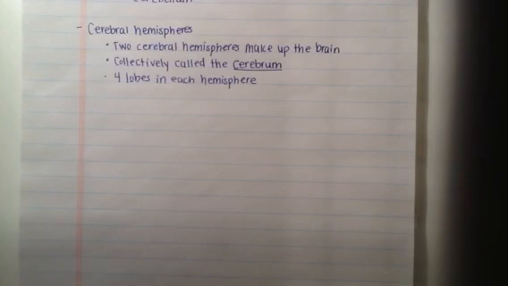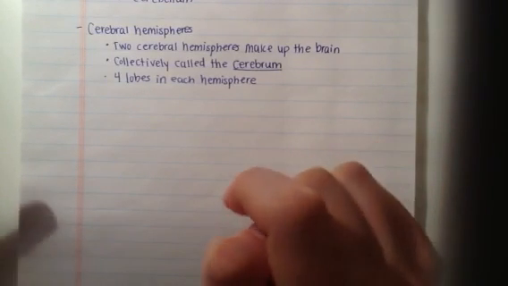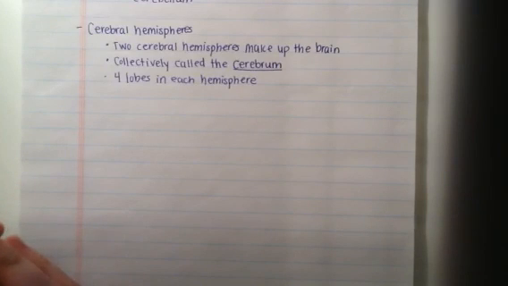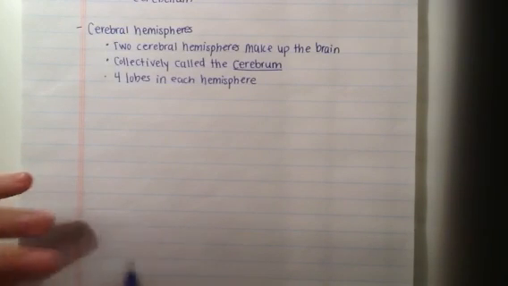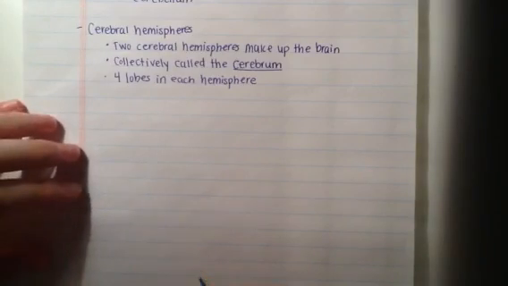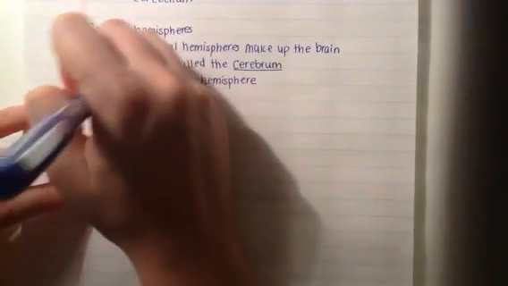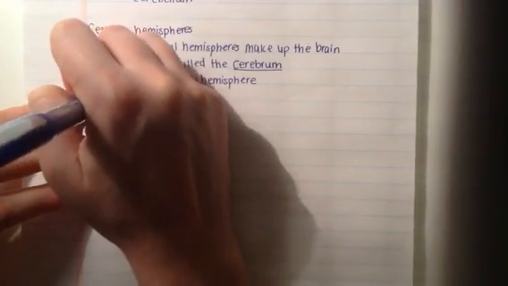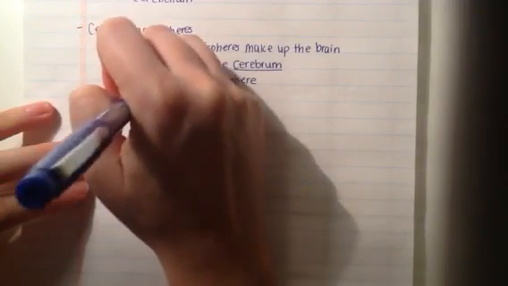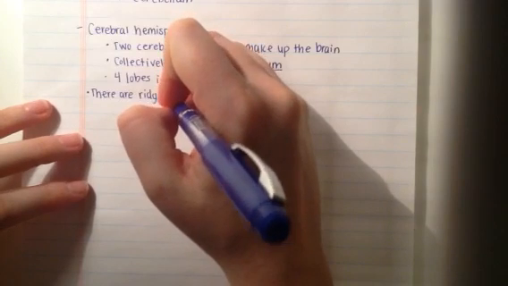Okay, within the cerebrum, so within the whole brain, both of the cerebral hemispheres together, you have ridges or bumps and you have grooves. And they each have a name. So there are ridges or bumps. I like bumps instead of ridges better, but I'm going to call them bumps and grooves.